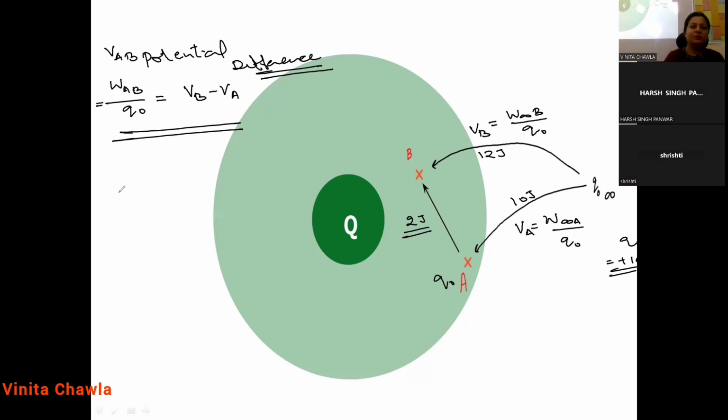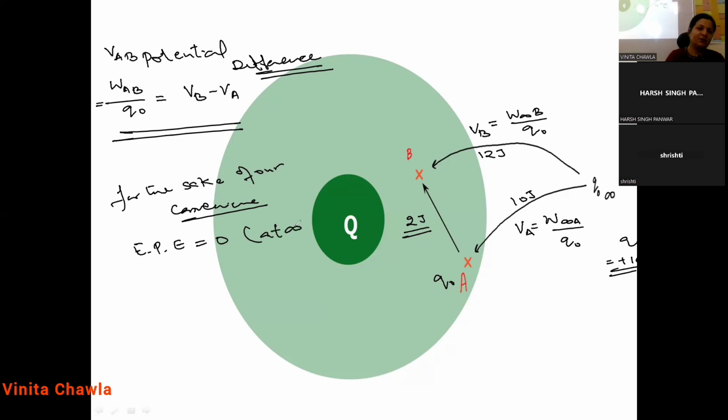See, for the sake of our convenience, we choose electrostatic potential energy as 0 at infinity. Okay.